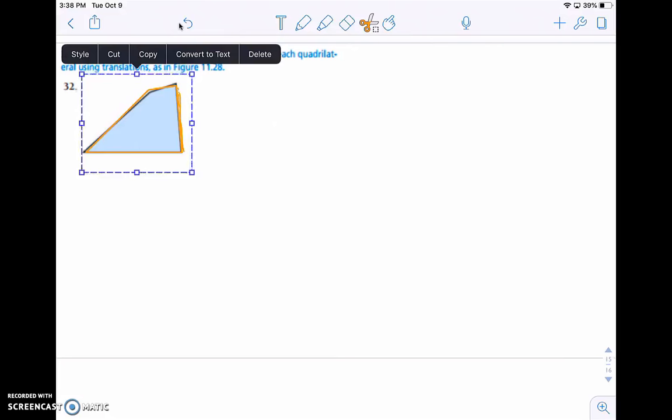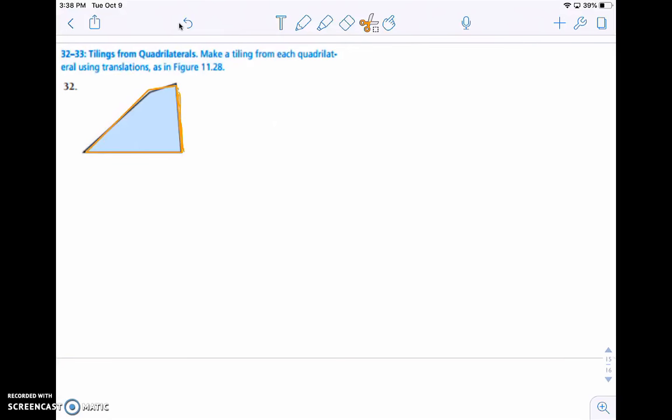I thought it was going to let me rotate it, but I'm not going to be able to. But what I would need to do is rotate it on its side, draw it so it matches up, and continue until I start finding a pattern that covers it.